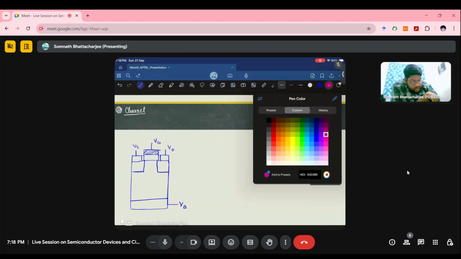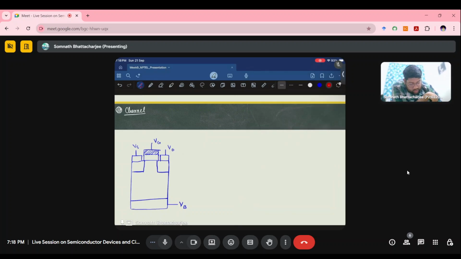Now there's a formation of a channel. The basic assumption is that through this area there should be a basic current flow, right? As in most cases this is grounded, the current flow should be this way.